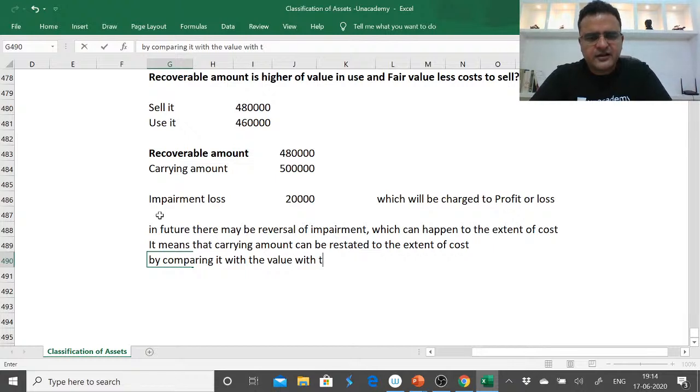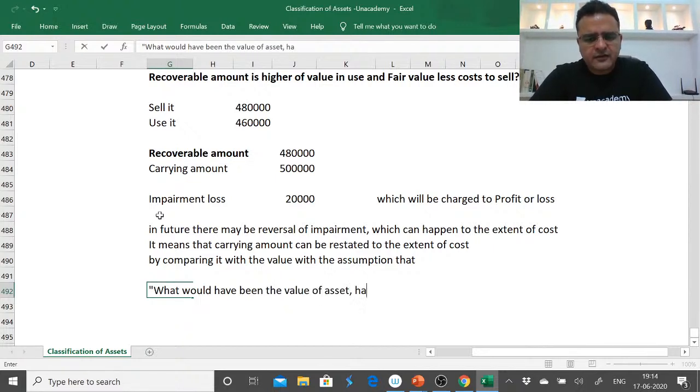with the assumption that what would have been the value of asset had it not been impaired, under the cost model.